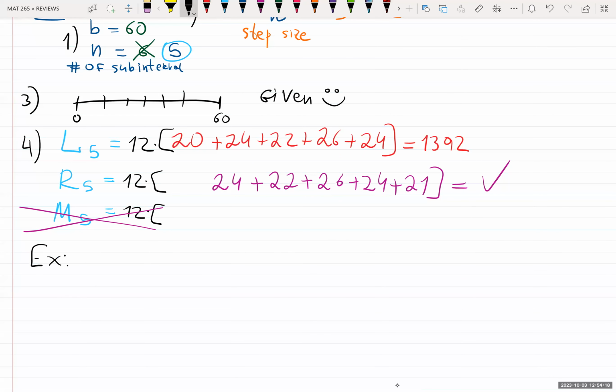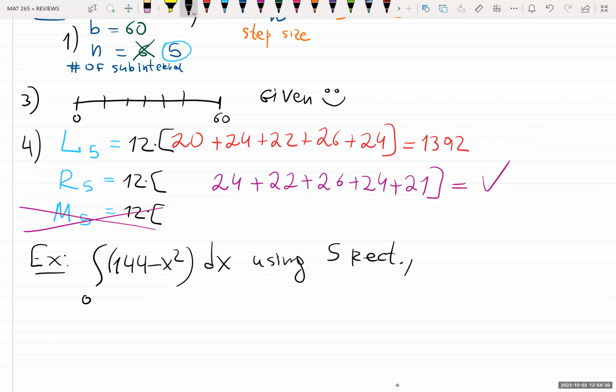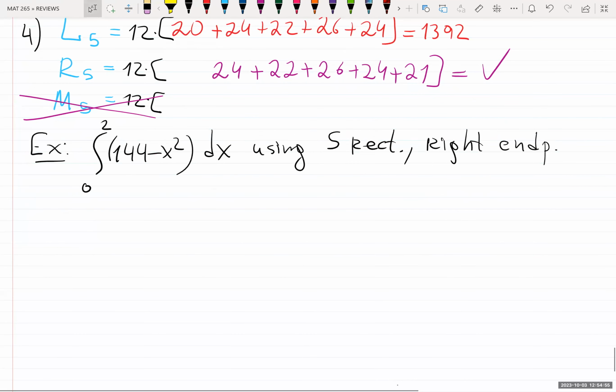Example: approximate the integral of 144 minus x squared dx from 0 to 2 using 5 rectangles, using right endpoints. Don't be scared of the 0 to 2.